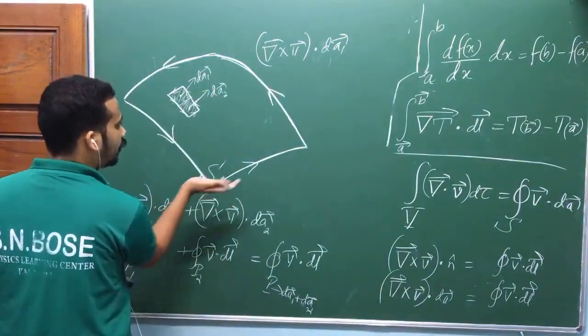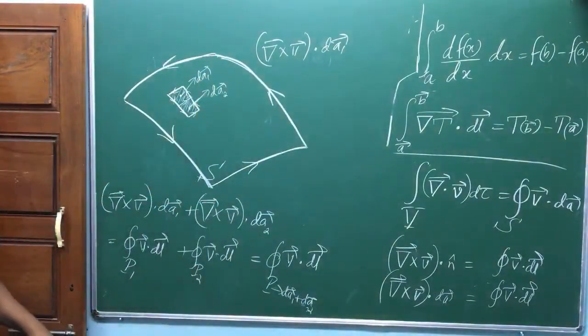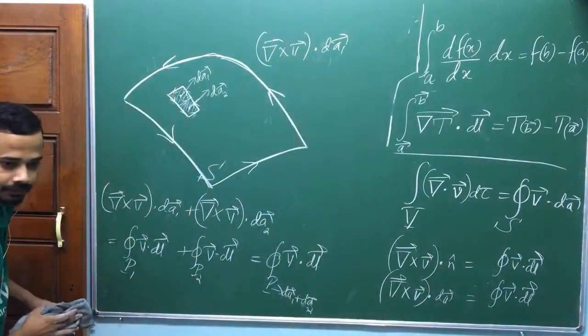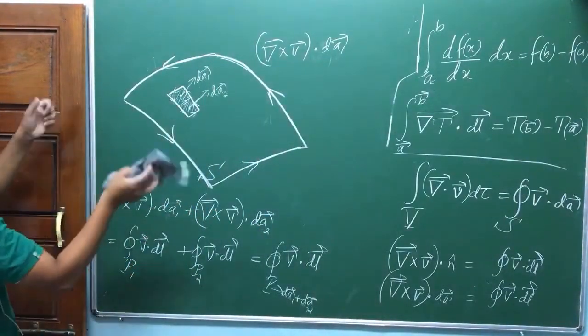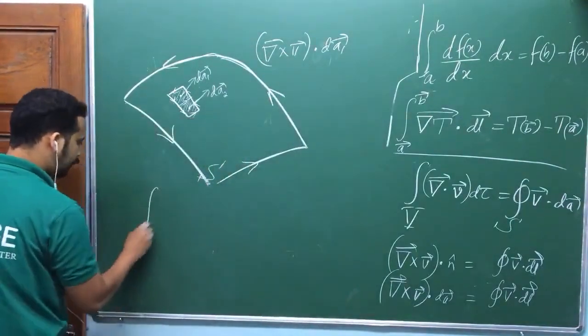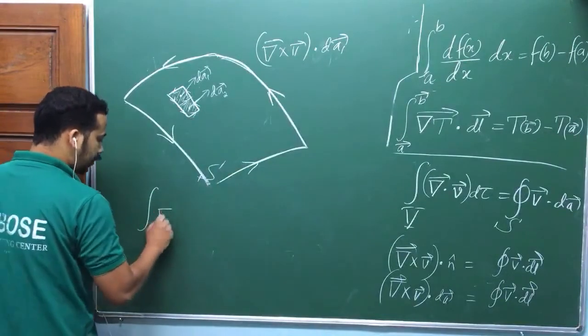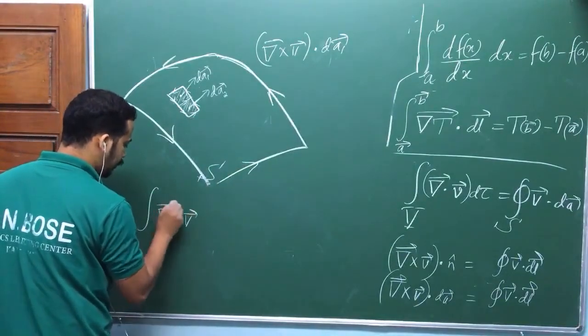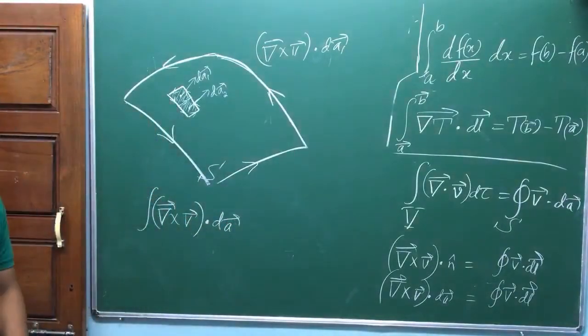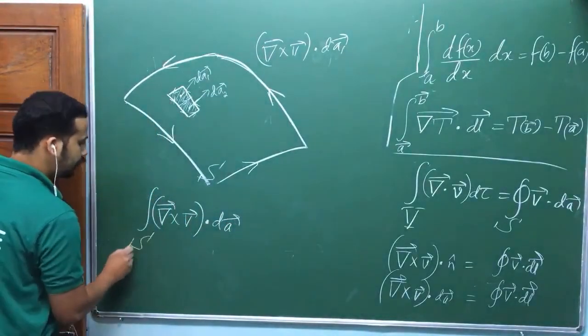Where I have taken like this. Now look at here. I hope you got the point, how to generate the open surface using this one. So the left hand side is adding, am I right? That is a surface integral of del cross V dot dA vector, surface integral over this surface.